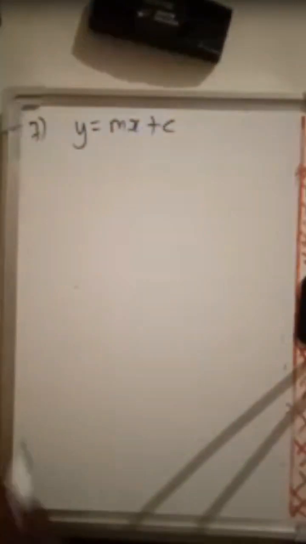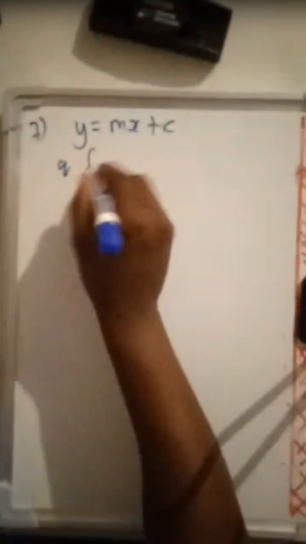Number 7 says determine the equation of the tangent of f at M. So remember the equation of a tangent is always in the form of y equals mx plus c. The first thing that we want to find is q. For us to determine q, we actually do f of negative 5.